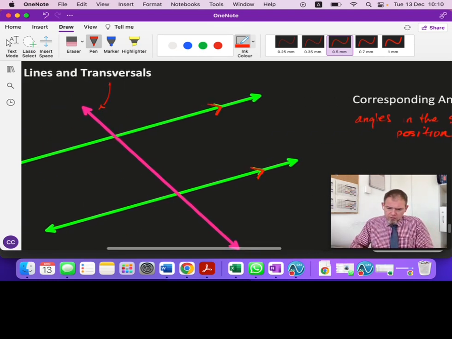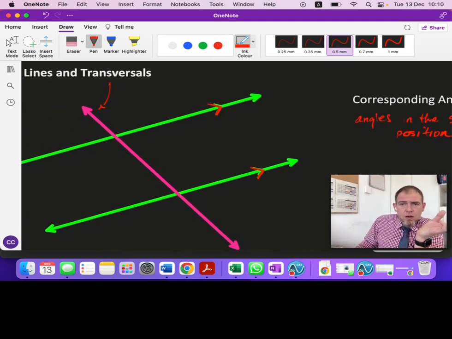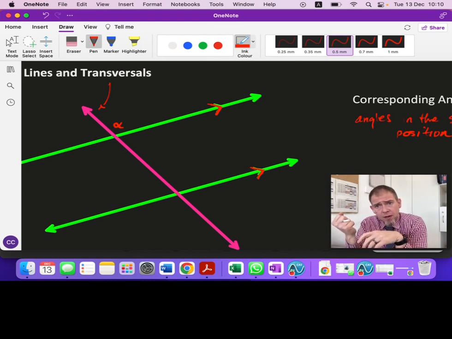So when I look at this, if I call out this angle here angle alpha, that is to the right of the pink line and above one of the parallel lines. The corresponding angle to that is going to be in the exact same relative position. It's to the right and above.